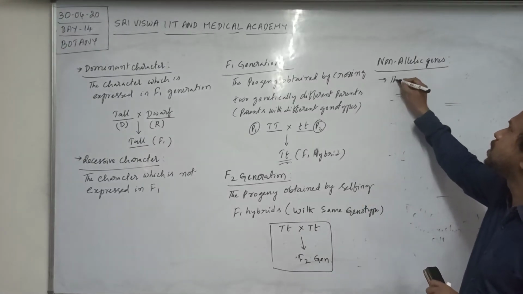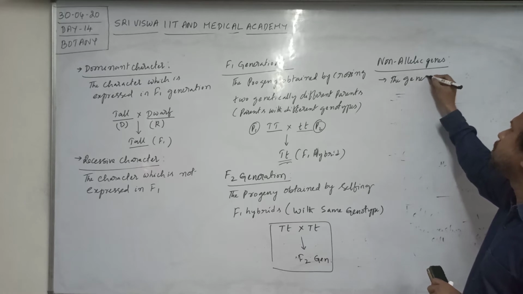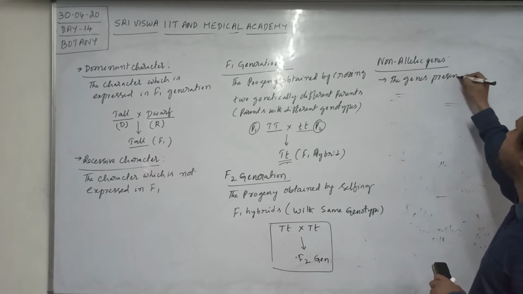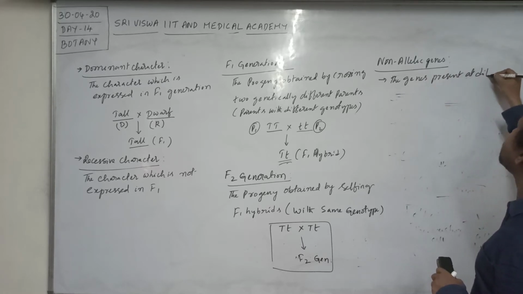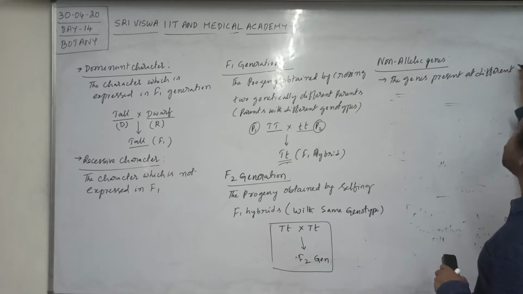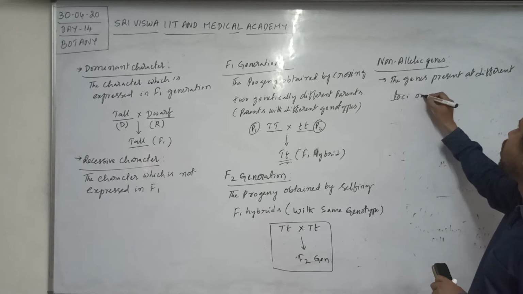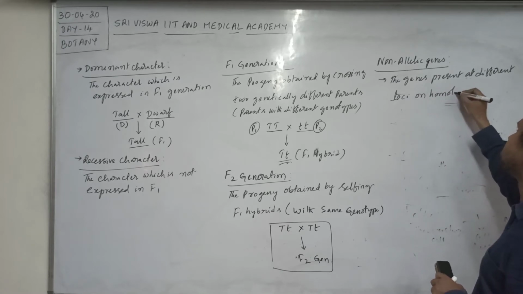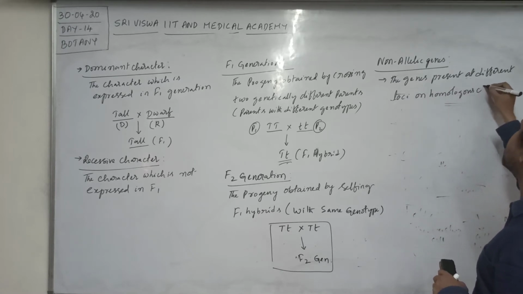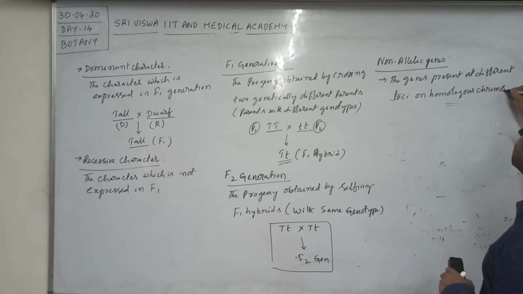Non-allelic genes are the genes present at different loci on homologous chromosomes.